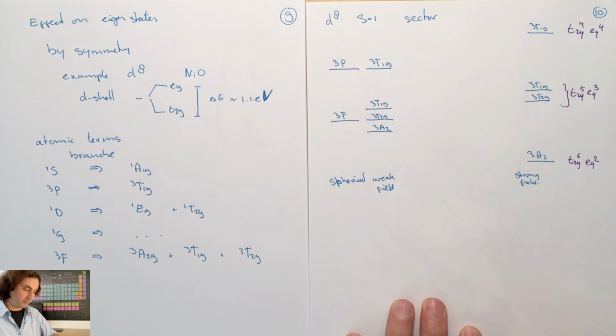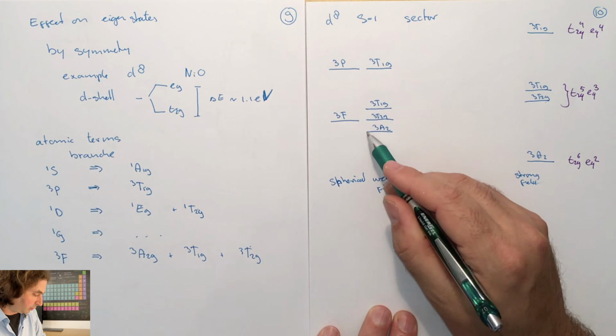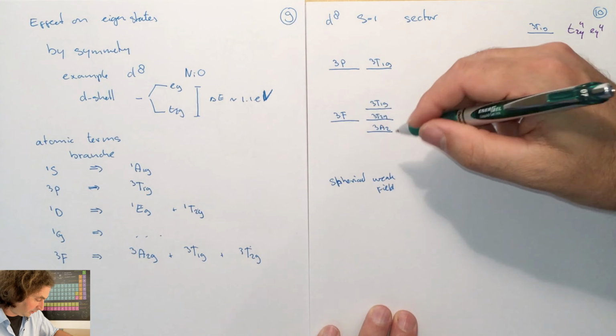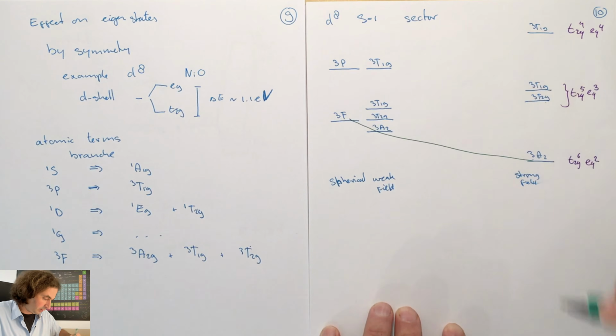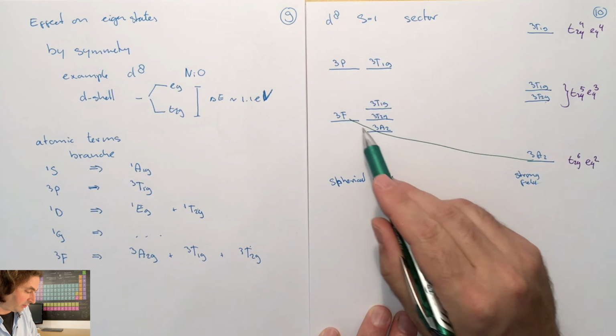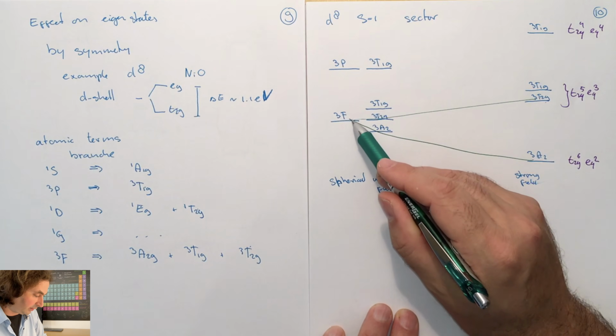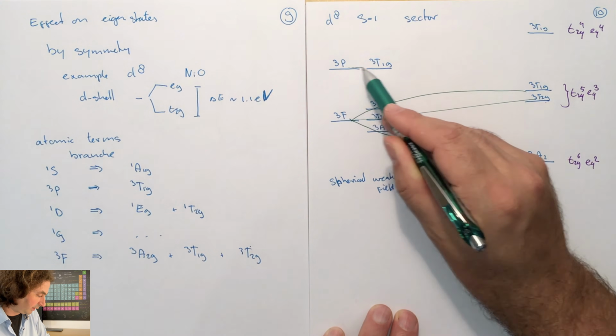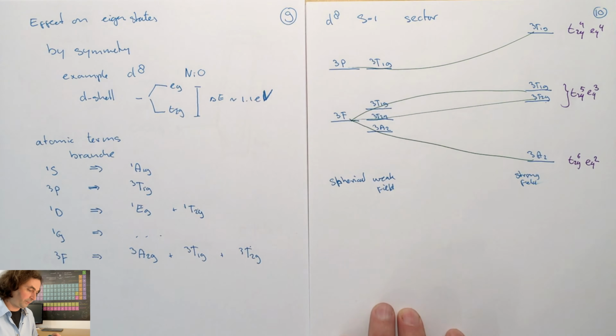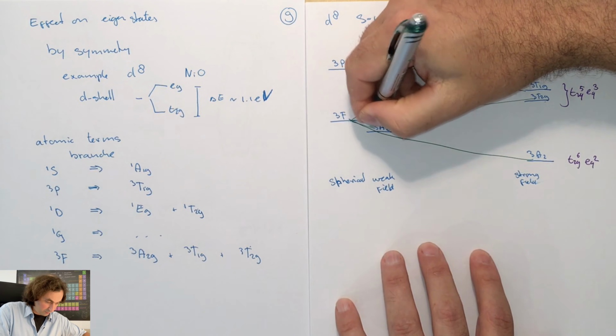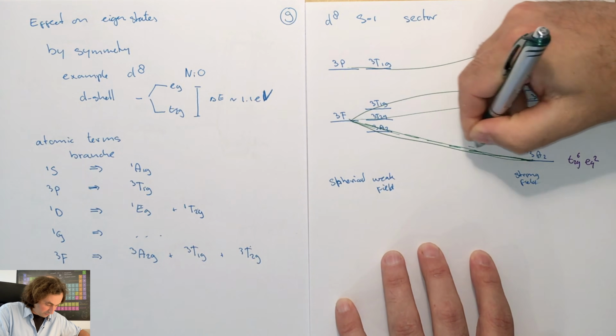So with that you go from the atomic states to split states to these states where you have basically single Slater determinant representations on a non-interacting level. If you would connect them, we have the A2, which should be a straight line, the T2, which is a straight line, then the T1 and the T1 continuing there.